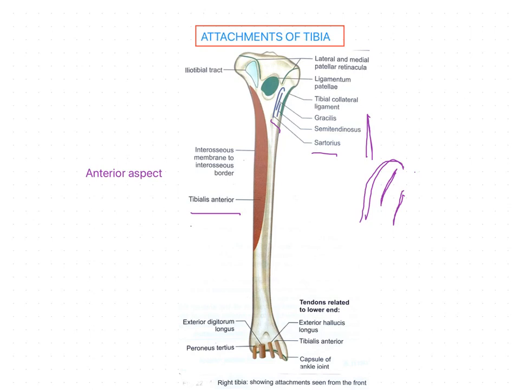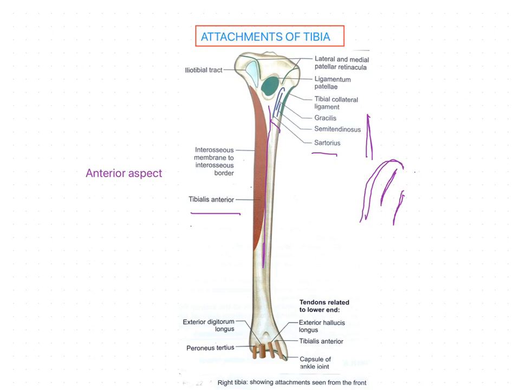As we know, here we can find the anterior border and the interosseous border, and this lateral surface gives origin to the tibialis anterior muscle.